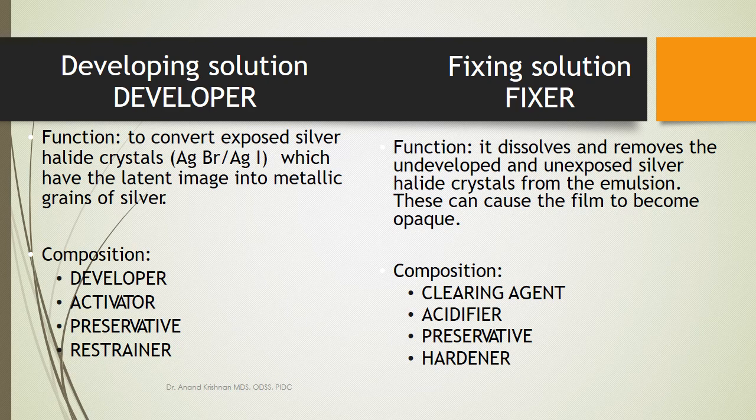If you remember from the last lecture, when we talked about the composition of the X-ray film, I told you what happens when an X-ray film gets exposed. We said that the silver bromide or silver halide crystals present within the emulsion layer of the film, these exposed silver halide crystals, hold the image details.